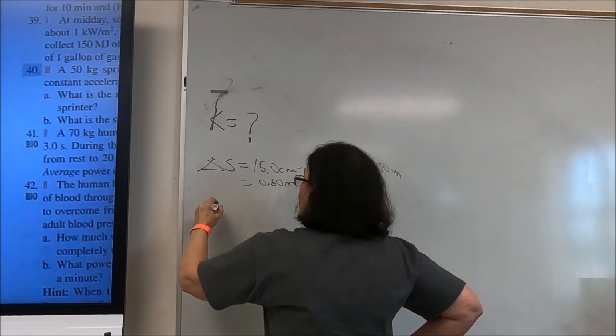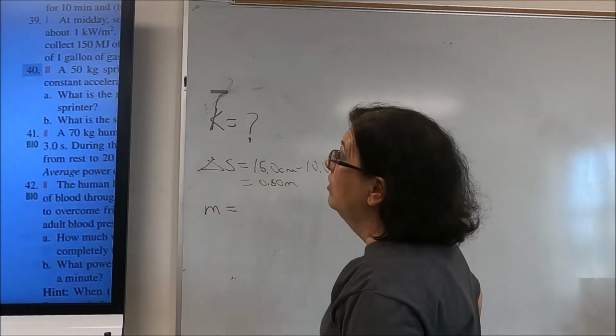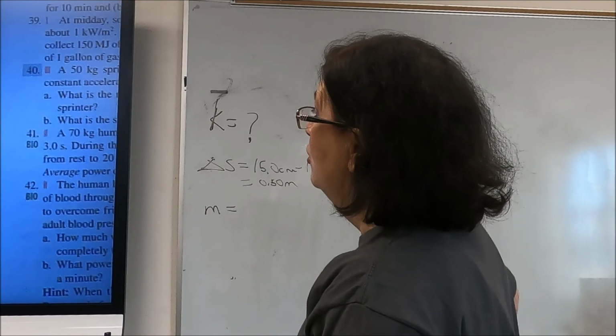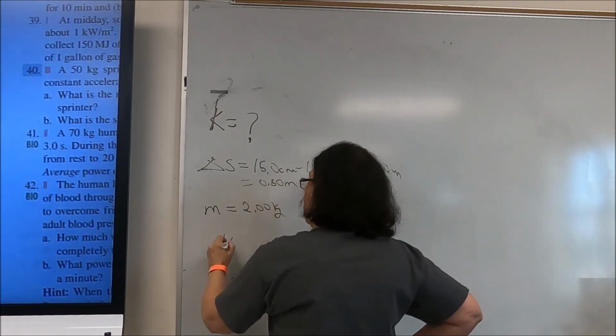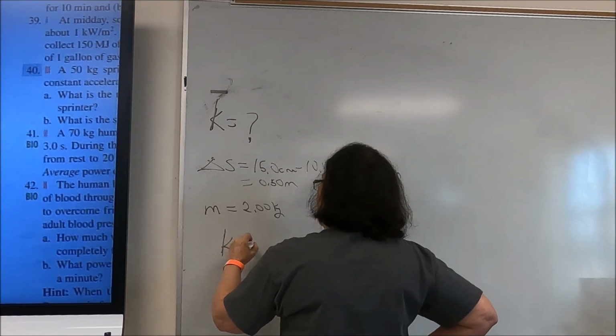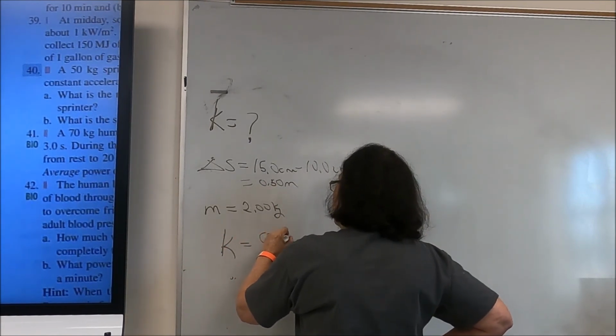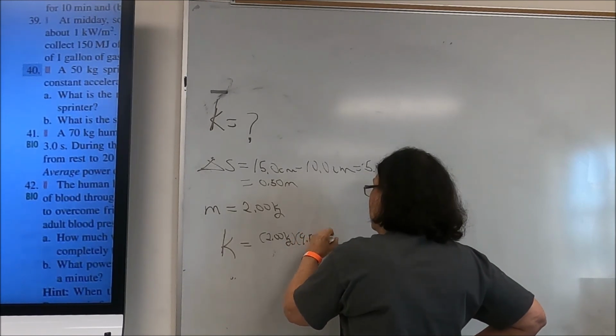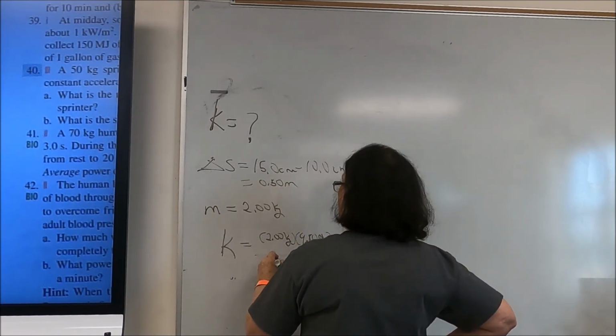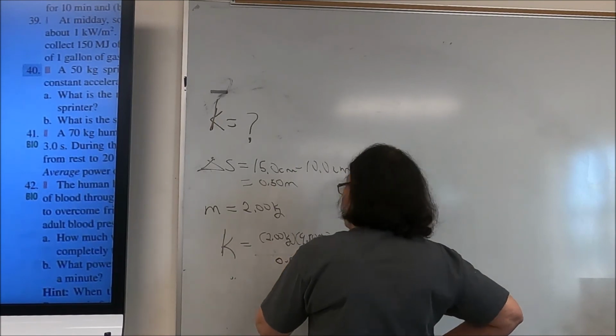Okay, and we're told that the mass that we hung on this was a 2 kilogram mass. So K, the spring constant, is going to be 2.00 kilograms times 9.80 meters per second squared over 0.050 meters.